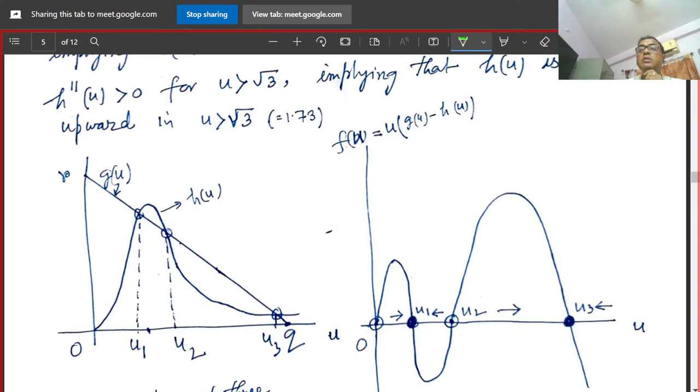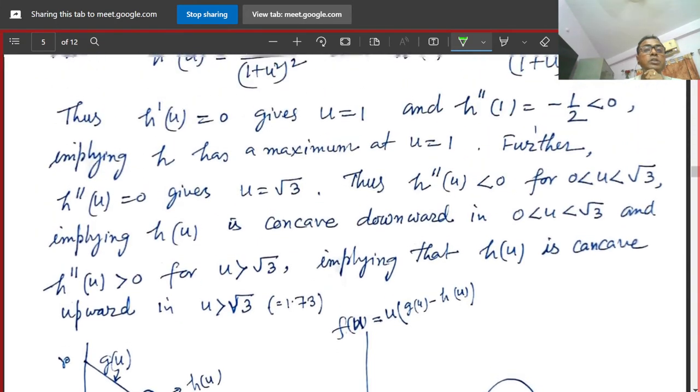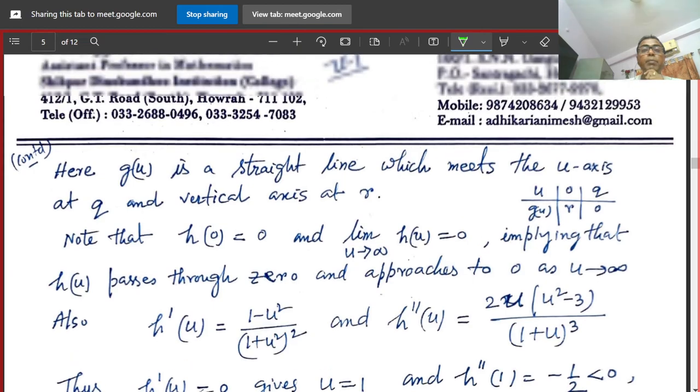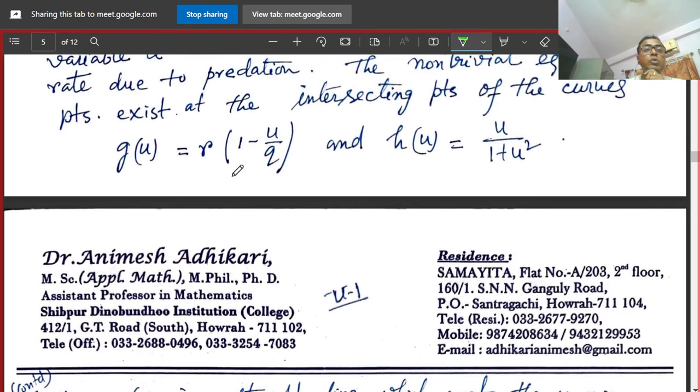This is the graph for g(u), which is r into (1 minus u by q). Here r is constant, that is a parameter, and q is also a parameter.